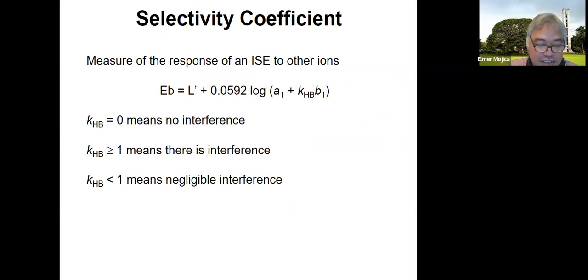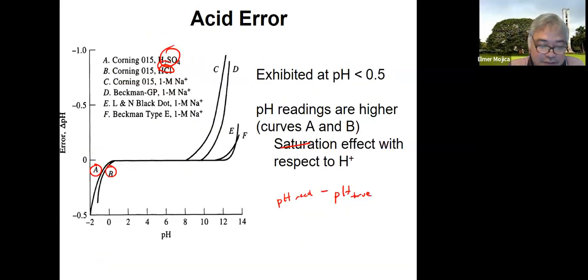Now, how do you think you can eliminate this error? Let's say, how do you think you can eliminate the alkaline error? Maybe you change what? The glass?